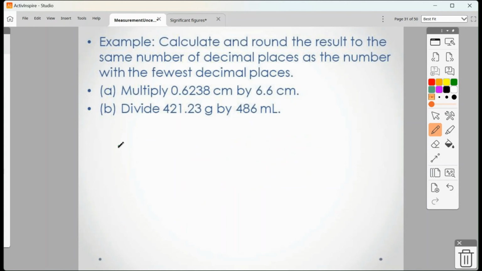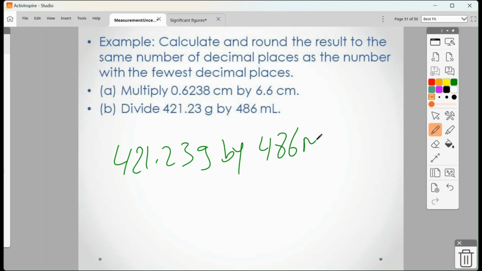Divide 421.23 gram by 486 milliliter. I'm going to use the calculator again.